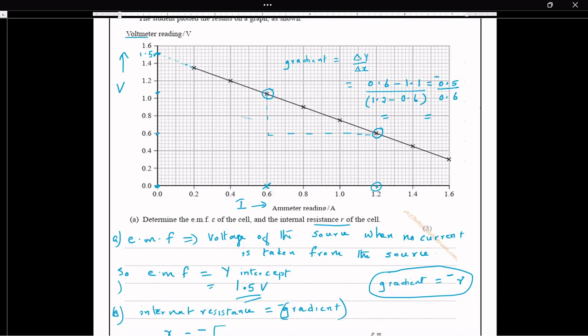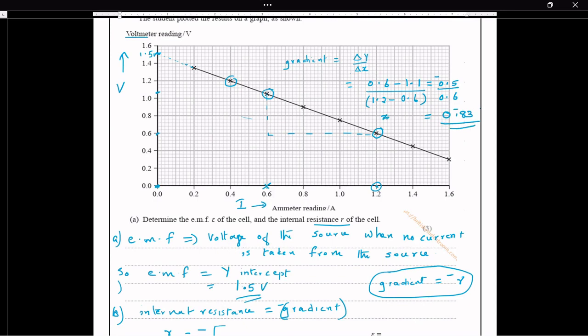You can select other points also, even this point and the last point. This is giving an answer of negative 0.83.